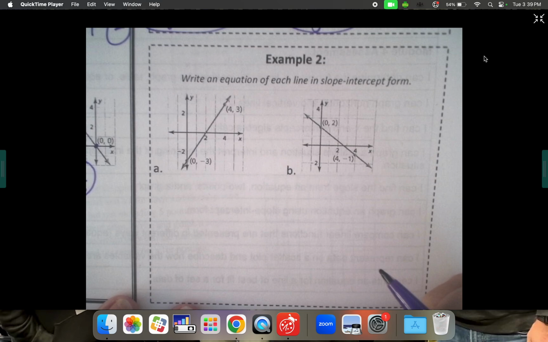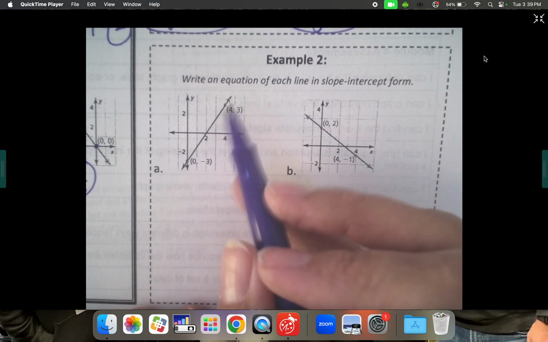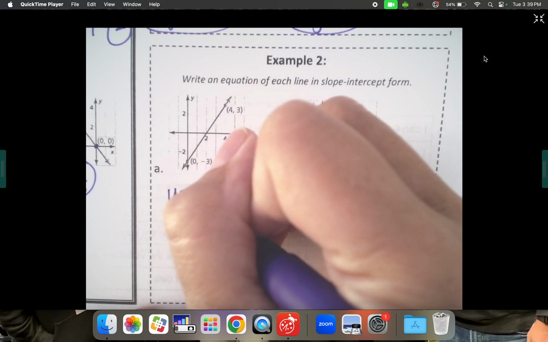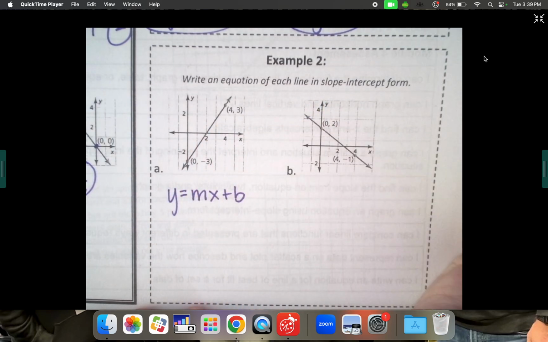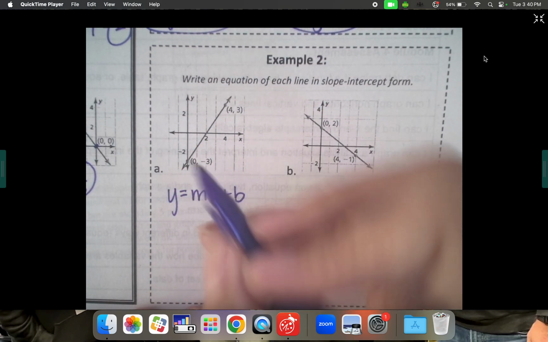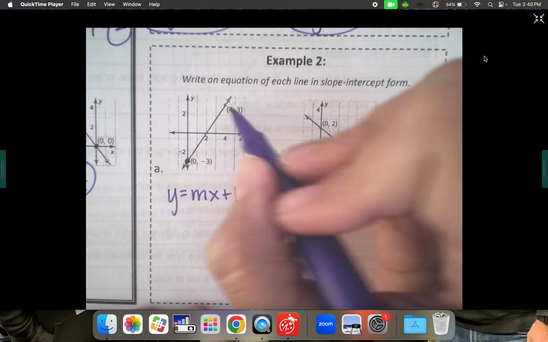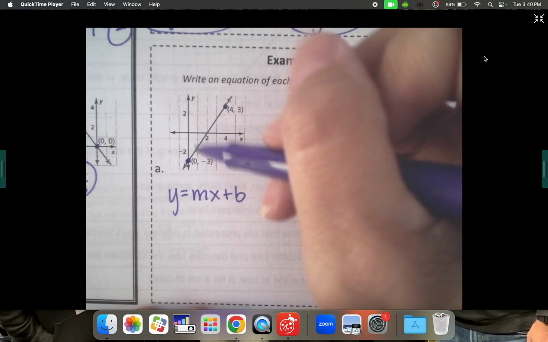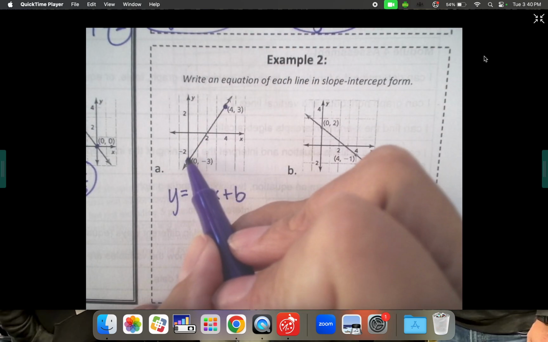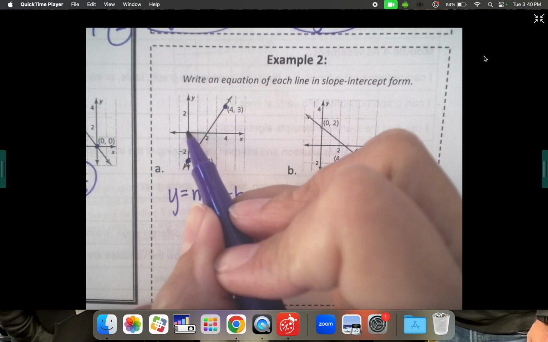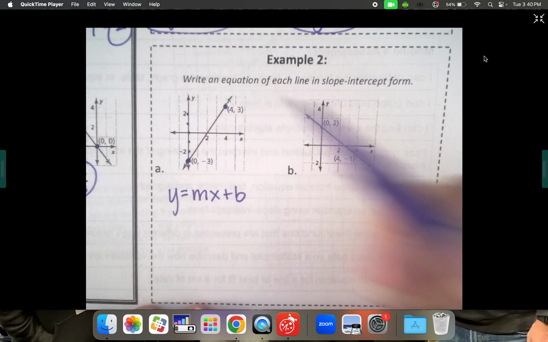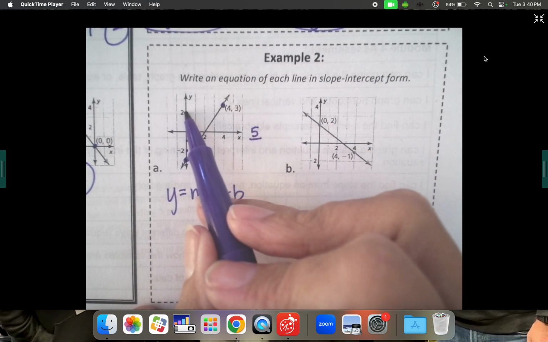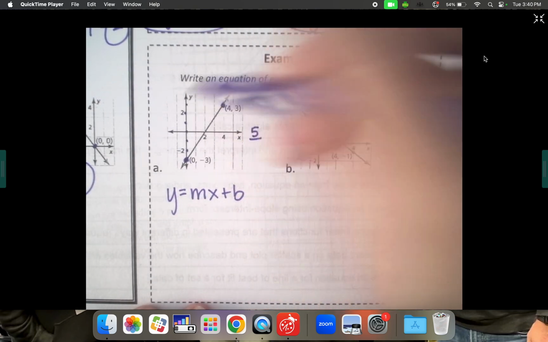All right, last section. Let's write an equation for this line. So we know equations are going to be y equals mx plus b. And we know our m is our slope. So let's count from dot to dot. How many do we rise and how many do we run? Looks like we rise 1, 2, 3, 4, 5, 6.